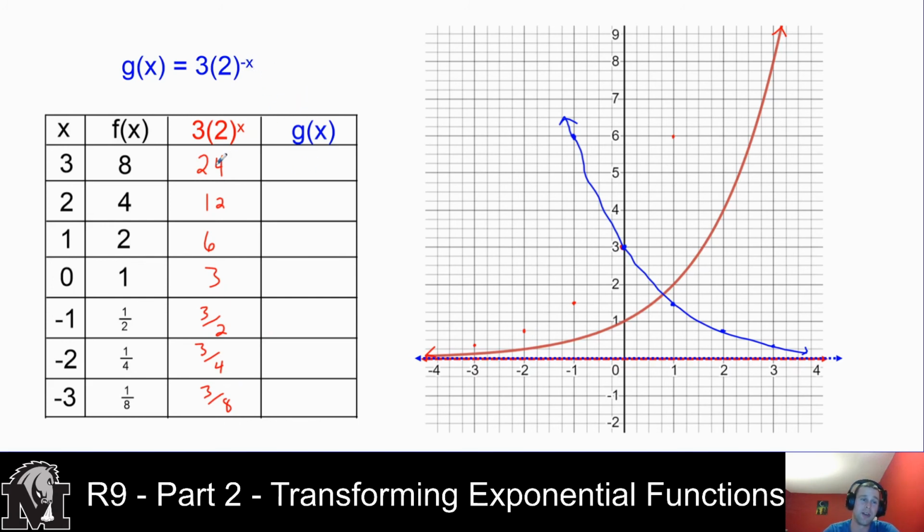So again, using the table of values, I would just plug this in up here. So 2 to the power -3 is 1 over 8. And then we have to multiply that by 3, so we get 3 over 8. 2 to the power -2 is 1 over 4 times 3 is 3 over 4. Our next one is 3 over 2, 3, 6, 12, and 24.